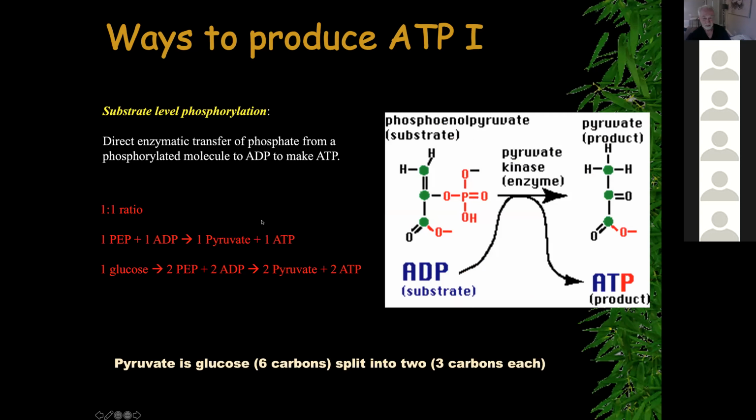That is substrate level phosphorylation, where you take ADP plus phosphoenolpyruvate, with an enzyme called pyruvate kinase, that's converted to pyruvate plus ATP. And the ratio here is 1:1. So if you start with 1 glucose, you get 2 PEPs plus 2 ADPs generates 2 pyruvates and 2 ATPs. So there's no amplification of ATP production in substrate level phosphorylation.